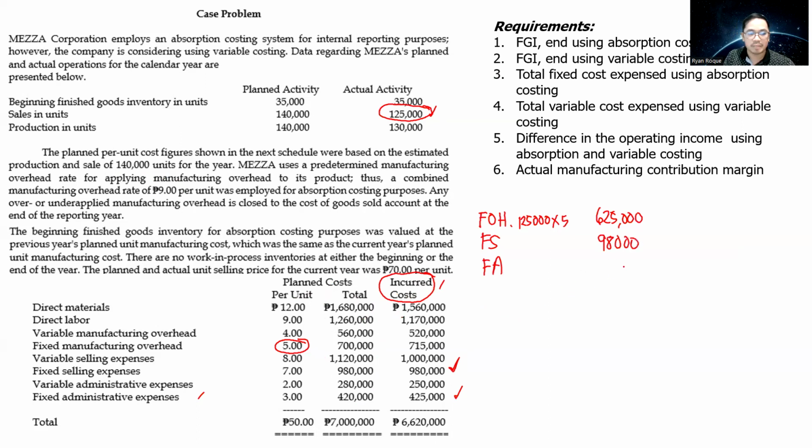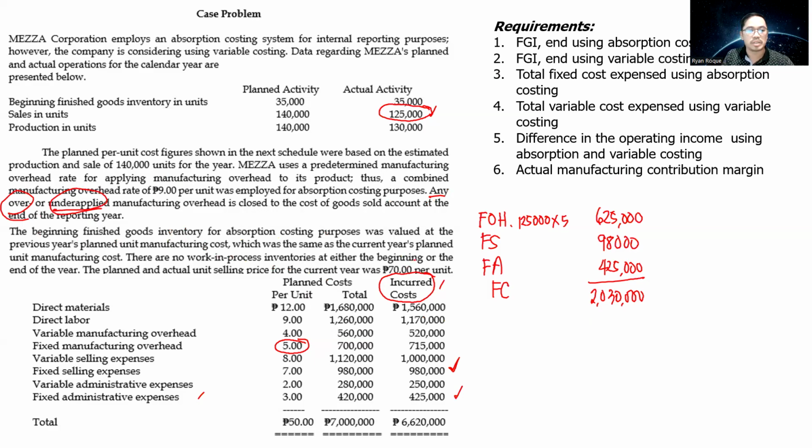And for your fixed admin, that would be 425,000. At this point, how much fixed cost do we have? That is 2,030,000.